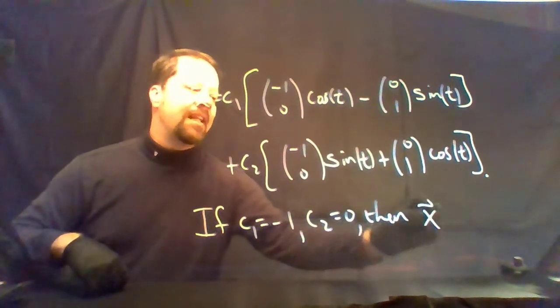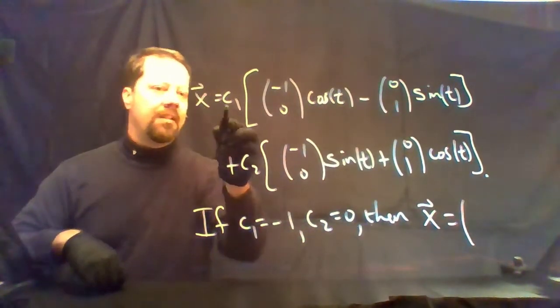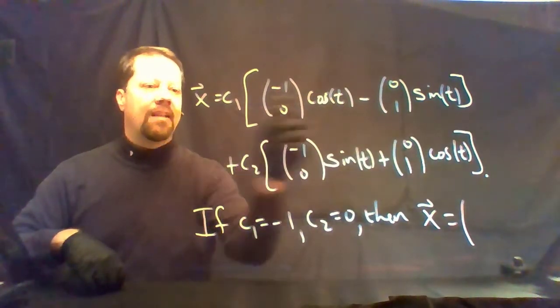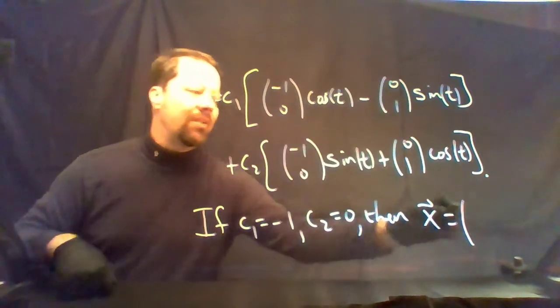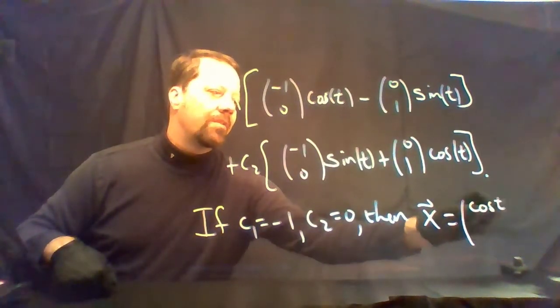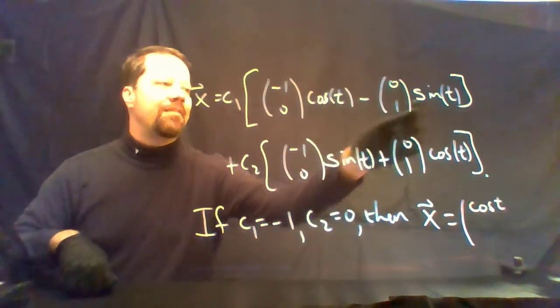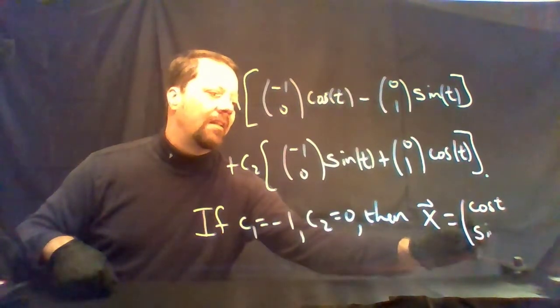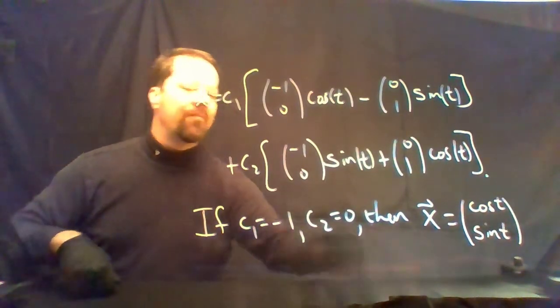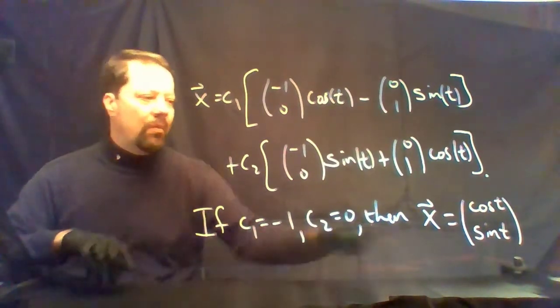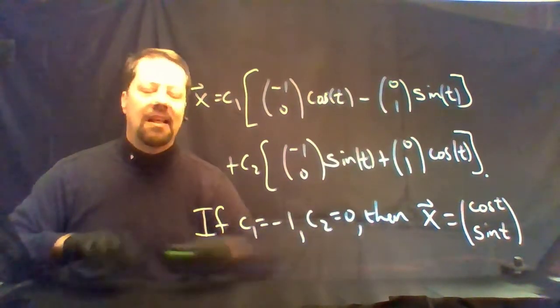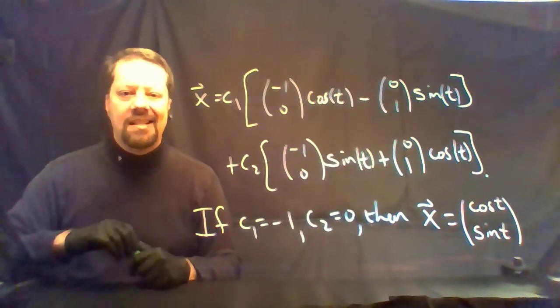then the solution takes the form, if this is 0, this whole thing goes away. If this is negative 1, we're going to have a positive 1 times a cosine in the first coordinate and a positive times a sine in the second coordinate. So basically we have a parametric function with x equals cosine t and y equals sine t.